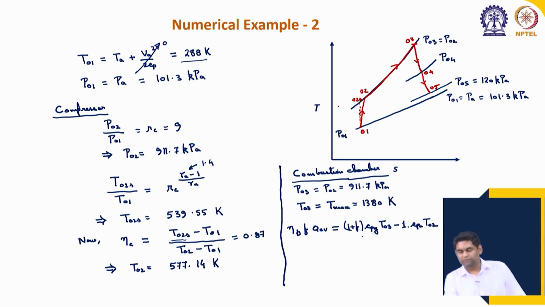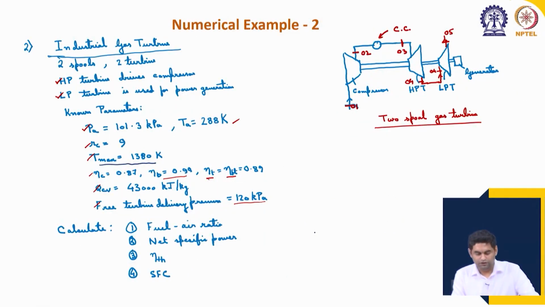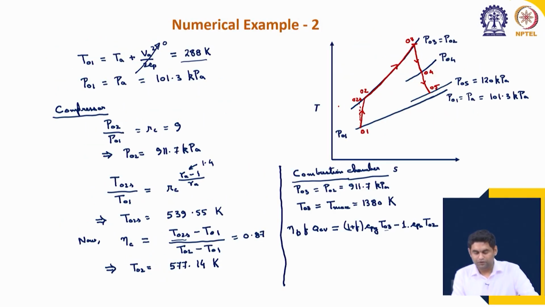Okay. Here remember Cp of gas is known 1.148, T03 is known 1380, T02 we have calculated, Cp of air is known 1.005, eta B is given as 0.99, calorific value is given 43,000 kilojoule per kg. So, the only unknown is the value F.